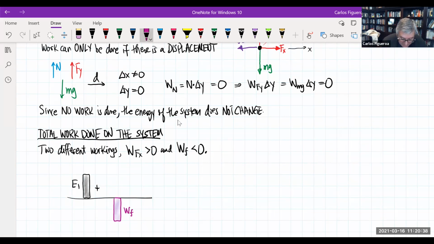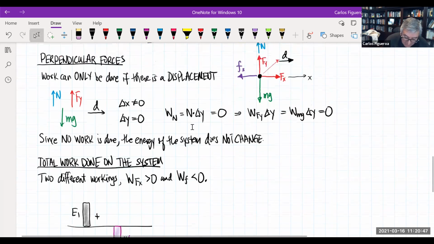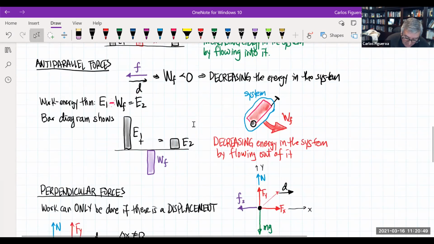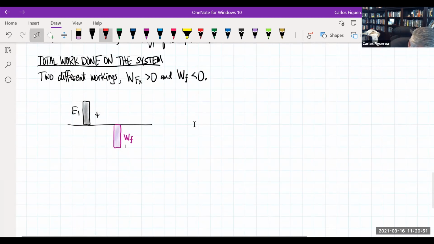However, because it's moving at constant velocity, the energy is not changing. So this has to be equal and opposite due to the force of x.